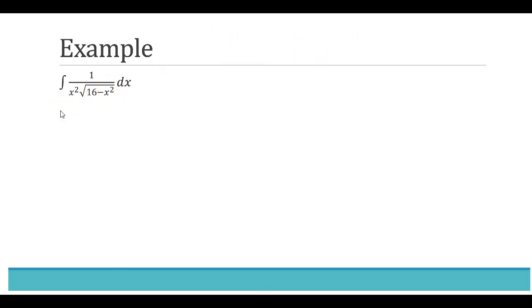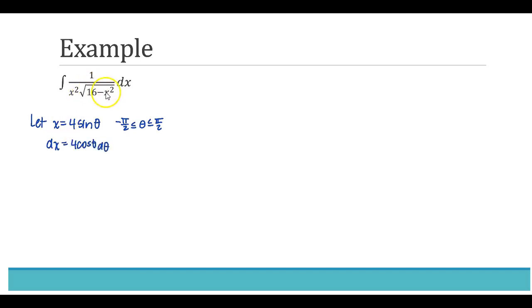So what we're going to go ahead and do is let x equal 4 sine of theta, where there is this built-in restriction that theta is between pi over 2 and negative pi over 2, and we'll see how that comes into play a little bit later. So if we let x equal 4 sine theta, then if we take the derivative, dx is 4 cosine theta d theta.